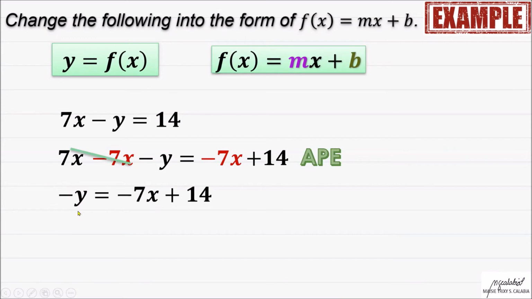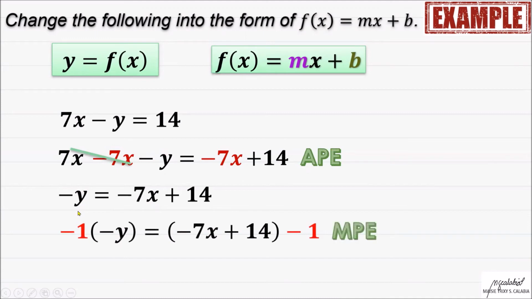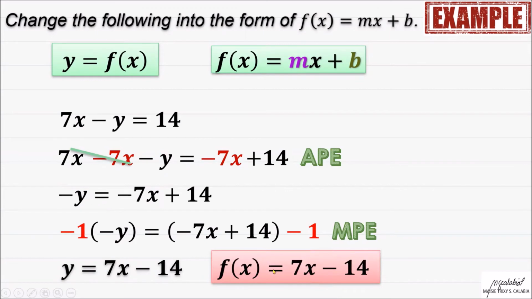So multiply both sides by negative 1, MPE. So we have positive y is equal to negative 7 times negative 1, positive 7x. 14 times negative 1 is negative 14. So we have y is equal to 7x minus 14. Or, let's just change it, f of x is equal to 7x minus 14.